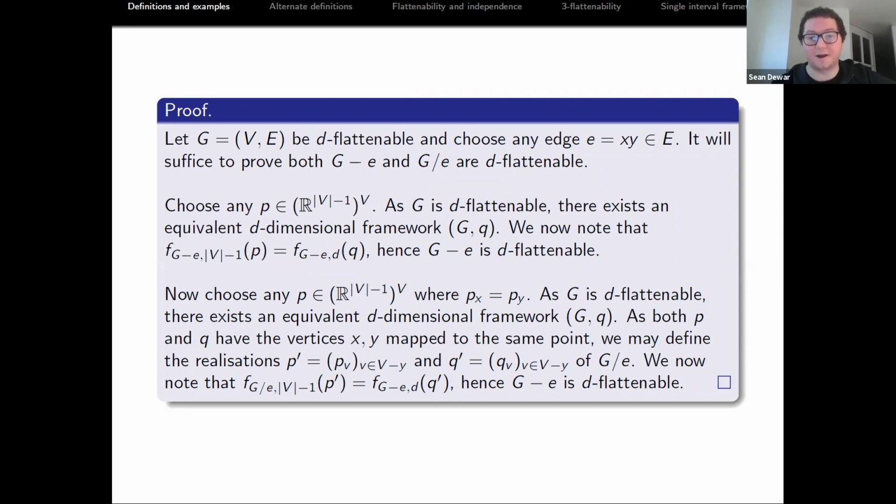So what I'm hoping to do for next week is construct an example where it's going to be a not flattenable graph, but if you allow non-coincident points, then it's fine. So if you define flattenability as all realizations that have non-zero edges can be flattened, then it can be flattened. That's what I'm hoping to do for next week.